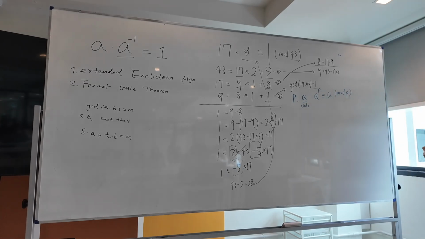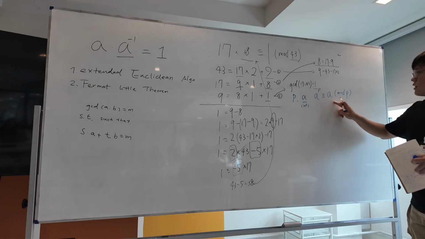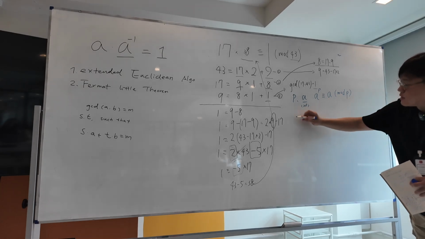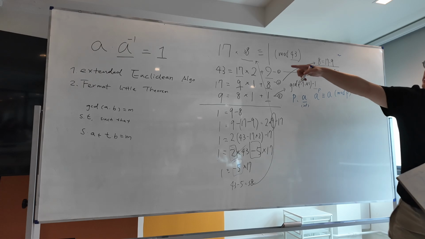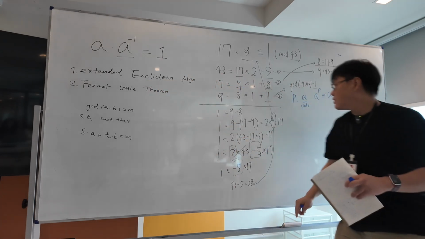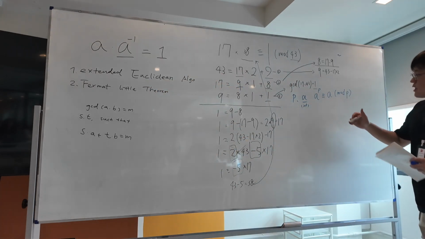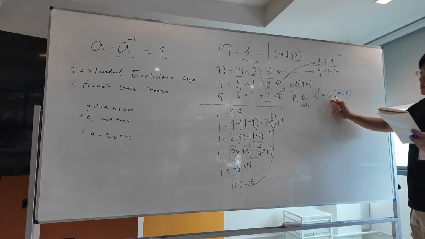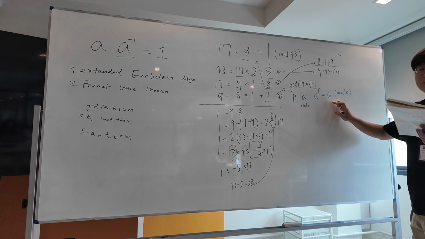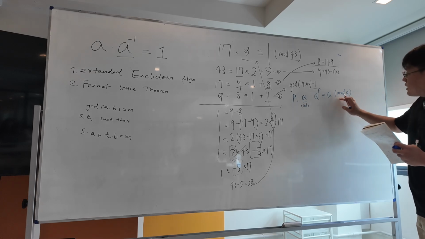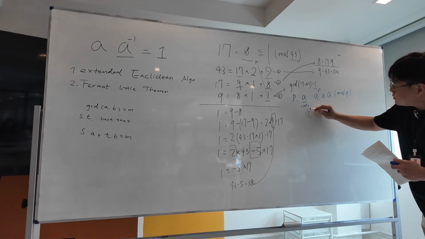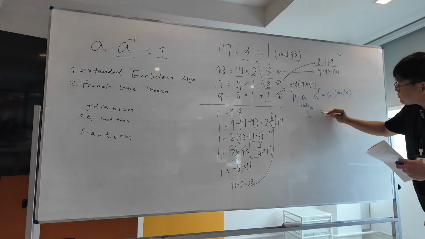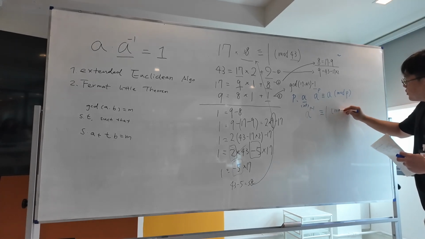So how do we get the inverse of A? This is the element we want. We always want to get A inverse here. How do we get this? Because if A is not divisible by p, we can divide it here so that we get this mod p.